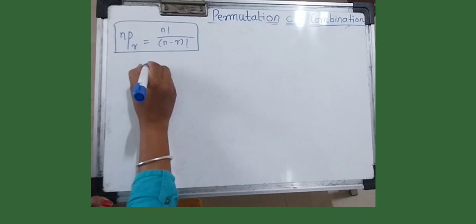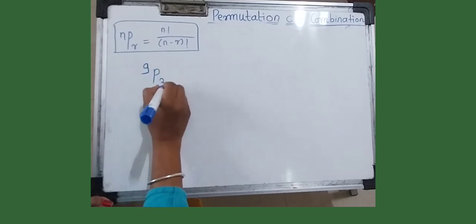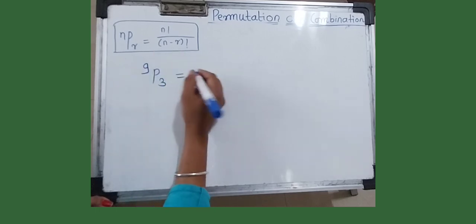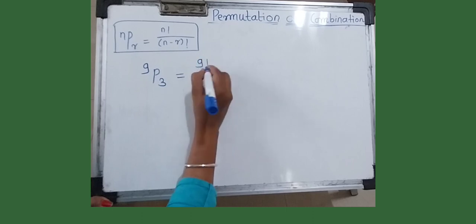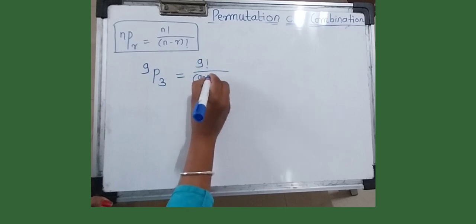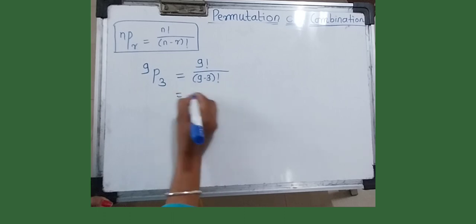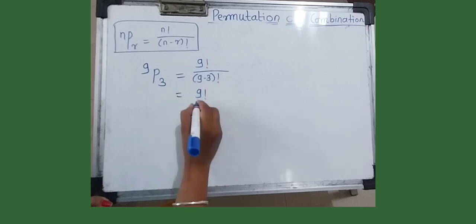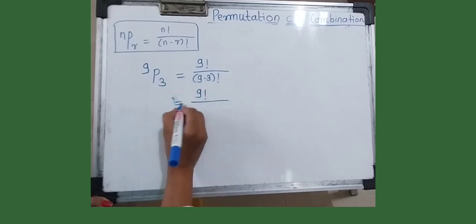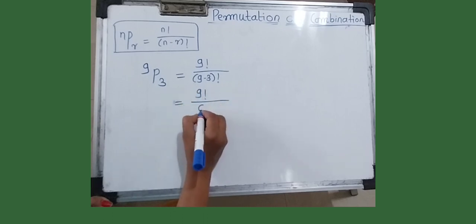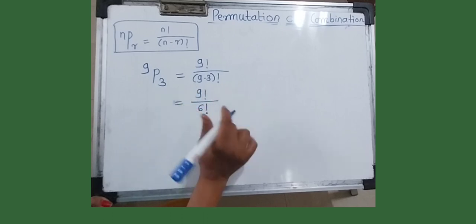Again, I'll take 9P3. Put it into the formula: 9 factorial upon (9 minus 3) factorial. 9 minus 3 is 6 factorial. Clear?